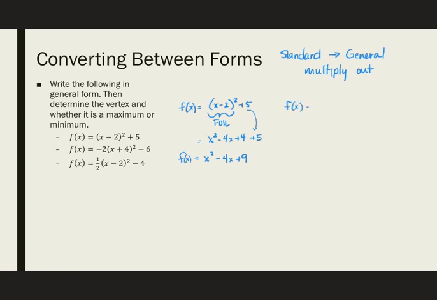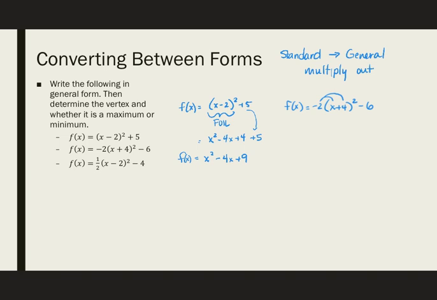For f of x is negative 2 times x plus 4 squared minus 6. There is a really, really, really common mistake, okay? And that common mistake is to try to put that 2 into the parenthesis. You cannot do that, okay? Remember your order of operations, parentheses, then exponents, then you can multiply.